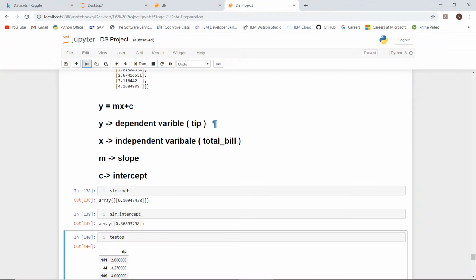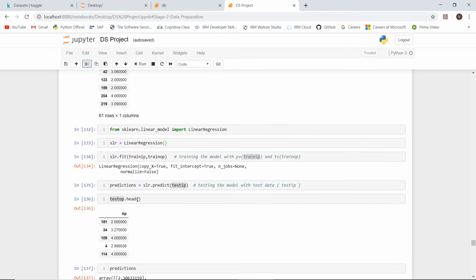So in the last class we had discussed all these details. The model will learn m and c. In which stage? In this stage, the 134th cell, training the model. Here we are providing the training input, and their corresponding x and y both are provided to train the model.